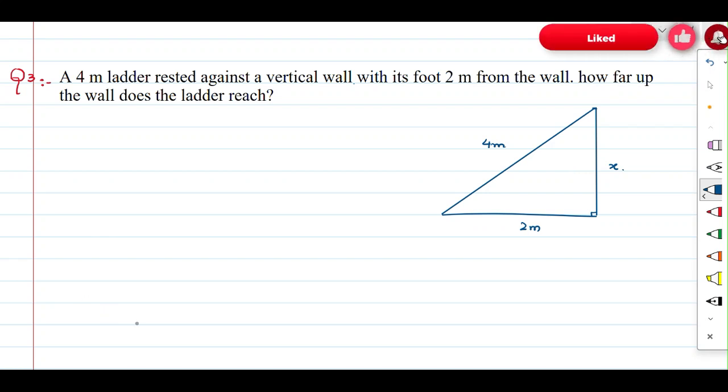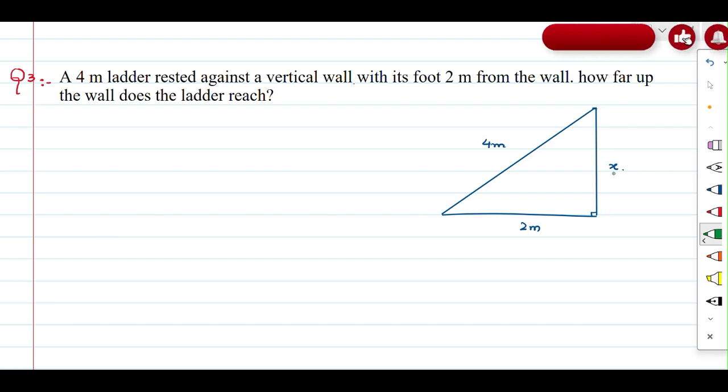Now you can see this is a right angle triangle and we have two lengths of the triangle. We need to find one missing length. So we apply the Pythagoras theorem, because the Pythagoras theorem is only valid for the right angle triangle and used for finding the missing length of the triangle. Okay. Now again, Pythagoras theorem says that these two lengths are perpendicular, right?